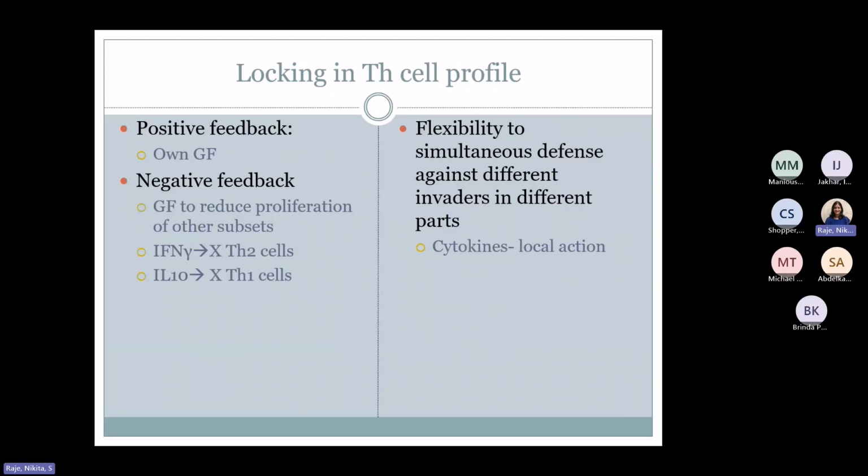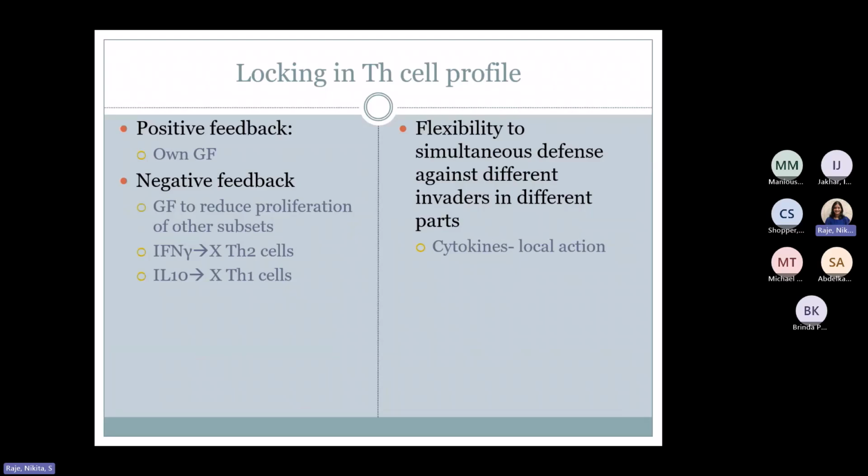If IL-10 is released, that will try and make sure that the Th0 cells do not commit to become Th1 cells. So there is a lot of negative feedback to prevent other subsets and positive feedback to make more of the same Th subset.